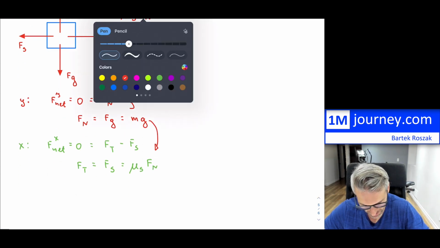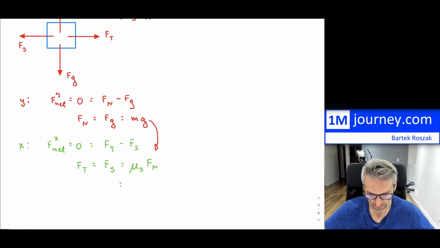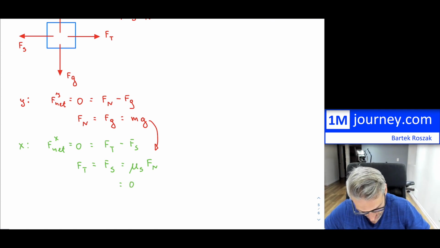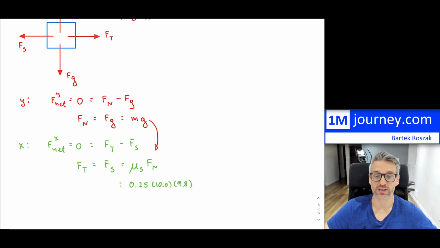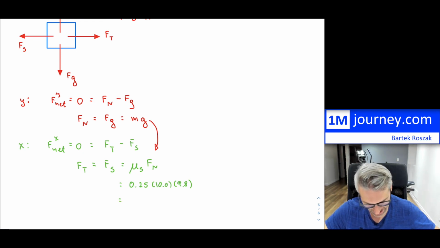And what this would be, so that means that my static friction is going to be 0.25 times my normal force, which is just mass times gravity. This is going to be 10 kilograms multiplied by 9.8, right? So this is the gravity, or 9.81, whichever one that you use. And I can now calculate this through.